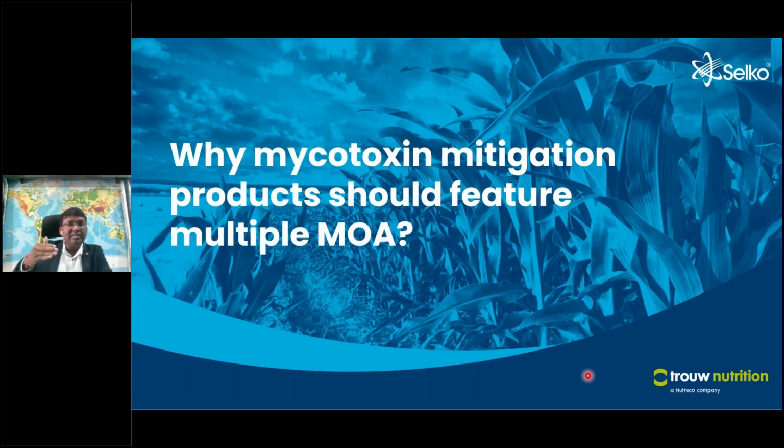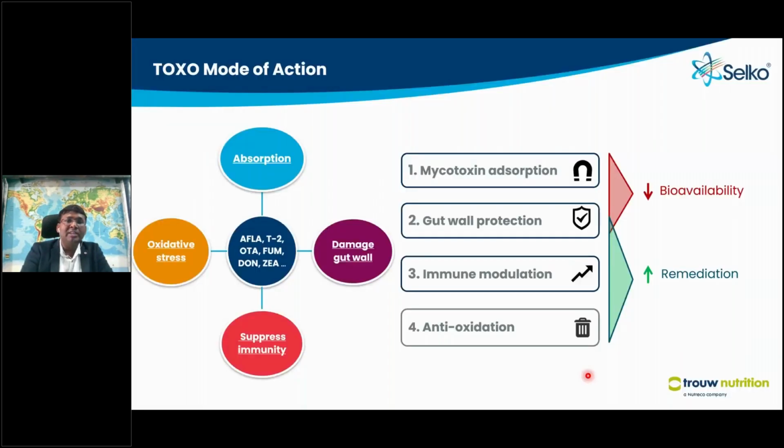We try to understand the mycotoxin toxicity and the mode of action of the toxin inside the animal, so that we come up with a better alternative through innovations in biotechnology, microbiology and molecular genetics, which help us come up with new technologies. That is why we believe that mycotoxin binding, or adsorption as we call it, is not good enough. It can reduce the bioavailability of some toxins, but for other toxins, gut wall protection is also a way of lowering the bioavailability of toxins.